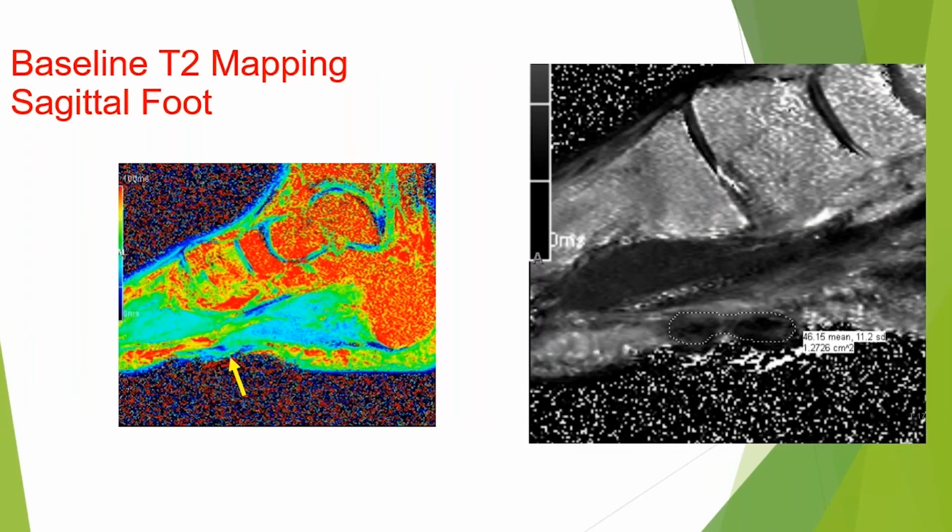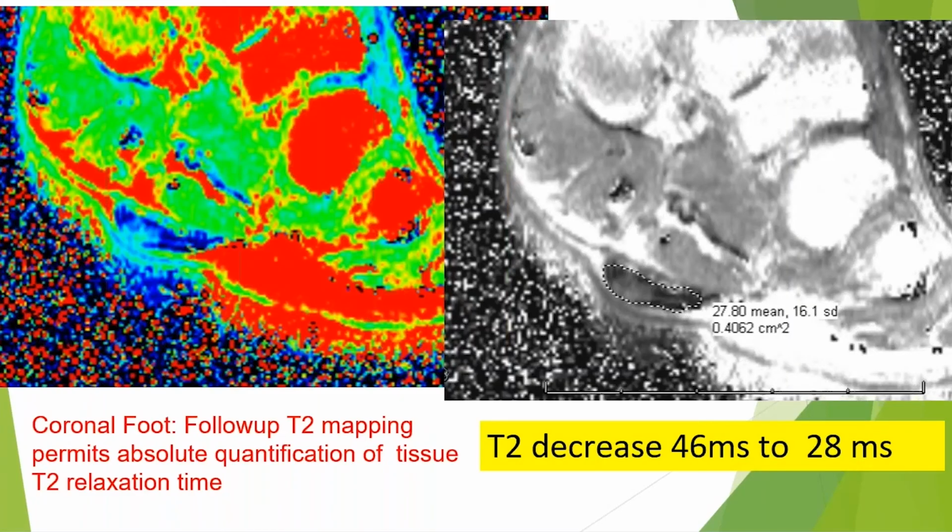This shows a baseline T2 mapping of one of my Dupuytren patients. You see the lesion outlined on the right of your slide. And then you see it is that greenish, there is a little bit of blue, but we did offer the treatment to the patient. And then you see the follow-up T2 mapping, which permits the quantification of the T2 relaxation time.